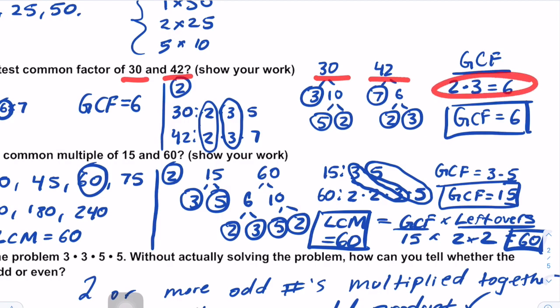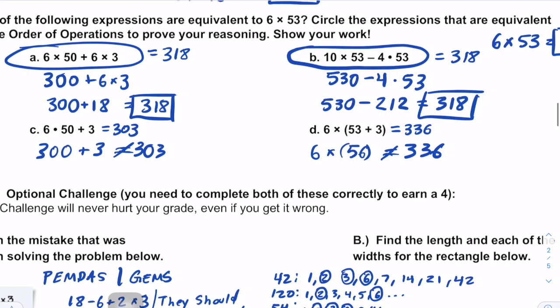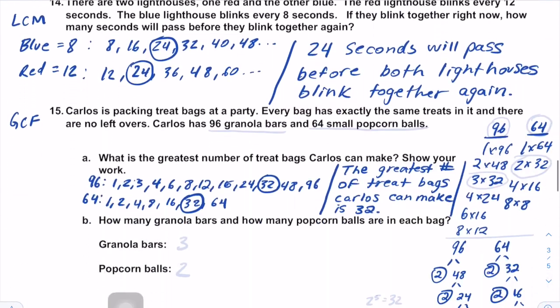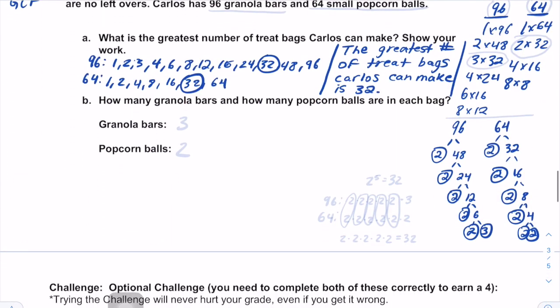If you followed those same steps for this problem, you would also get that the GCF is 32. So if you prefer doing that, just make sure that you look at that video a couple of times, and you can use that method to get 32, and your answer would still be the same: the greatest number of treat bags Carlos can make is 32.